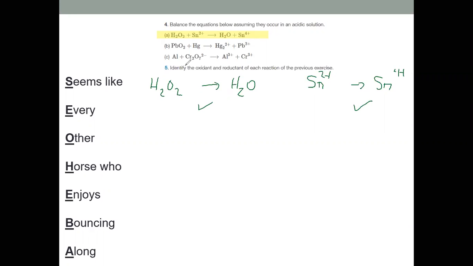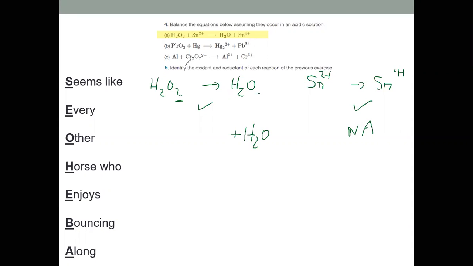Now let's balance the oxygens. We see we have 2 here. We need 2 there, so what we're going to need to do is add water. That gets those oxygens correct. We don't have any oxygens on the Sn couple.